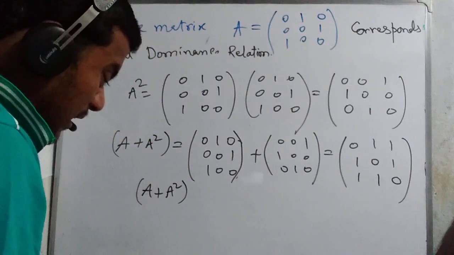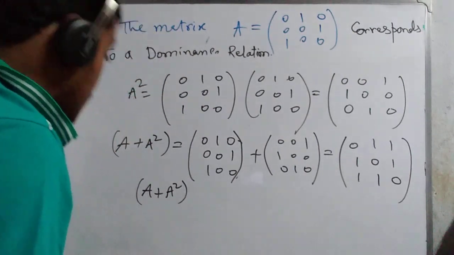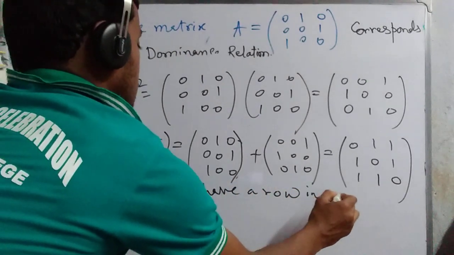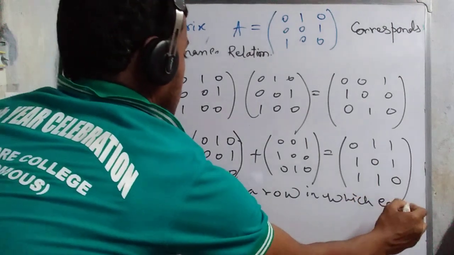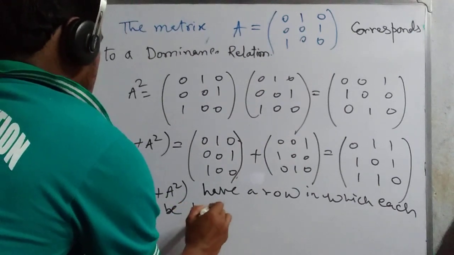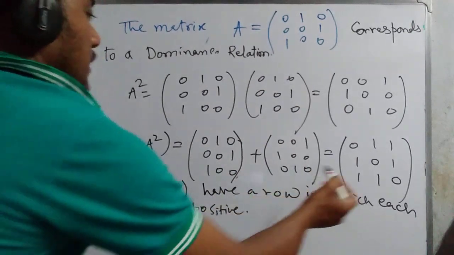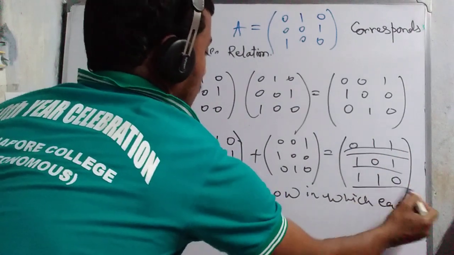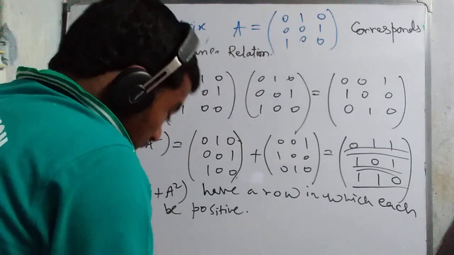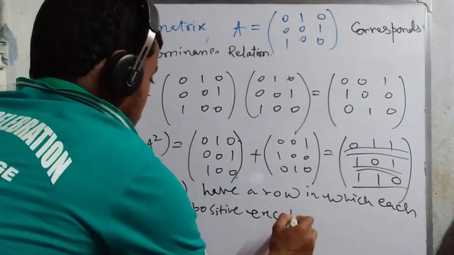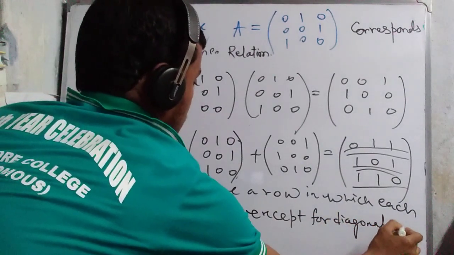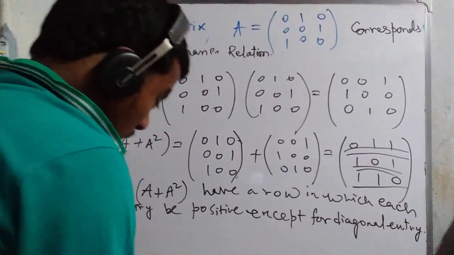A plus A square has a row in which each entry is positive, positive except for the diagonal entry. Understood?